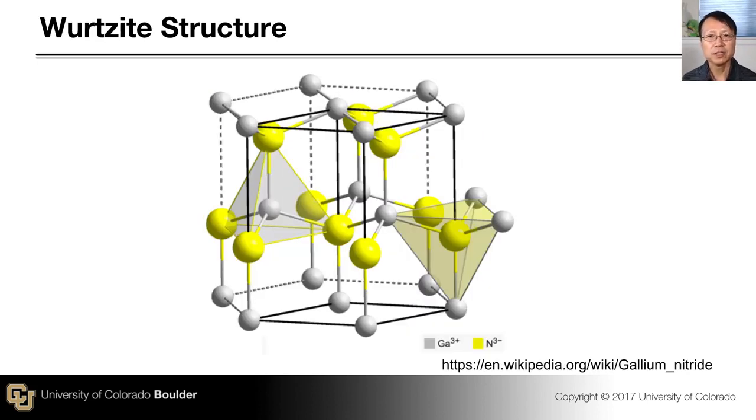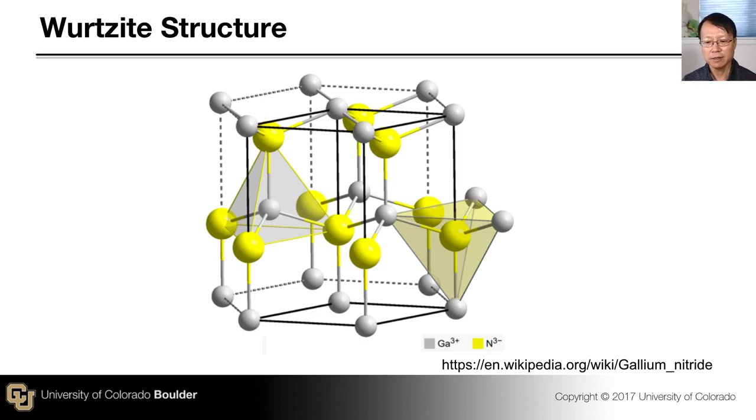You could have a similar situation with the hexagonal Bravais lattice as well. In this figure, you see these gray spheres form a hexagonal Bravais lattice, and each of these gray atoms has a yellow atom paired to it. So this is the two-atom basis that is mapped onto a hexagonal Bravais lattice.